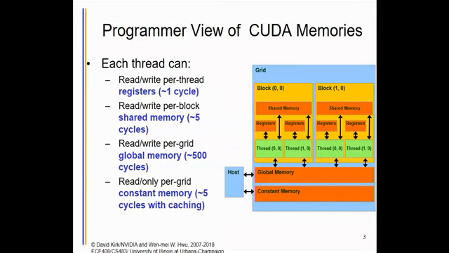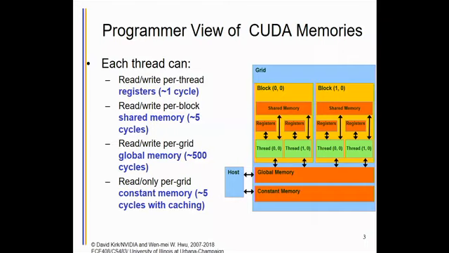Now the second type of memory: every thread can read and write per-block shared memory. The shared memory is a batch of special memory, what we call the scratchpad in general, and these memory locations are shared among all the threads in a block.